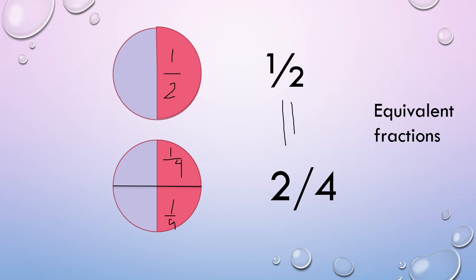But how are they equal? Well, these two pink areas represent the selected amount of the fraction. Remember, the numerator is how many pieces are selected. Well, the area of these pieces that are selected in this whole are the same. You can see that both have half selected, and so 2/4 is also equal to a half.